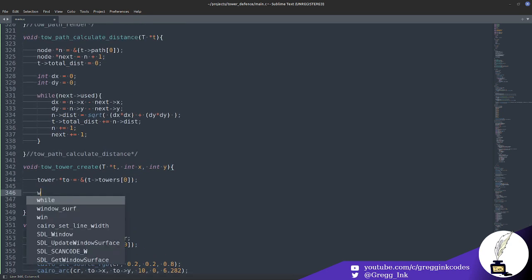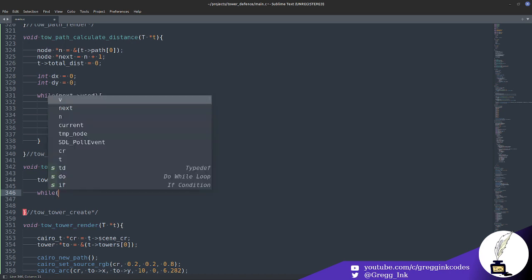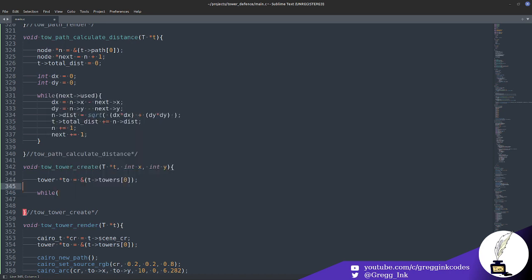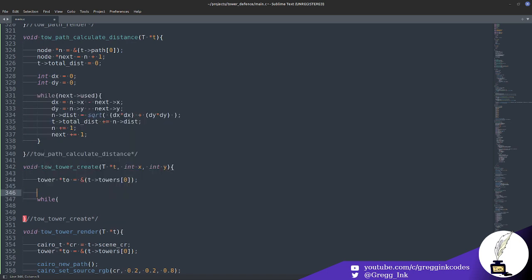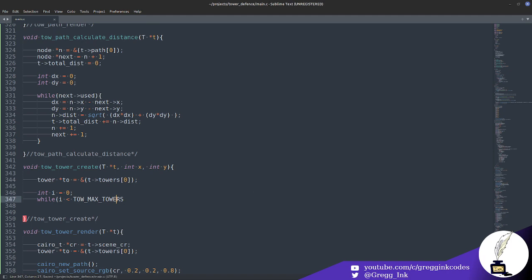Okay, I have to do this. Int i equals 0, and I have to do it in other places, but TOWER_MAX_TOWERS should be an E here.